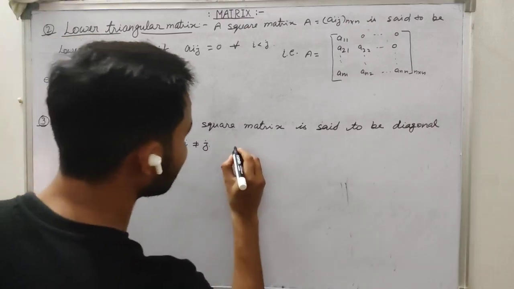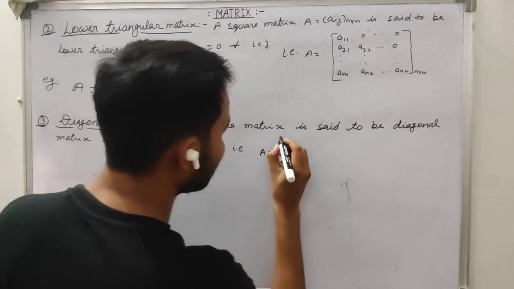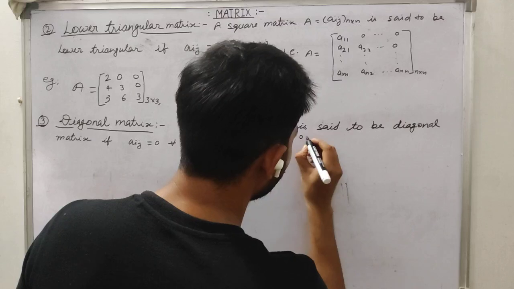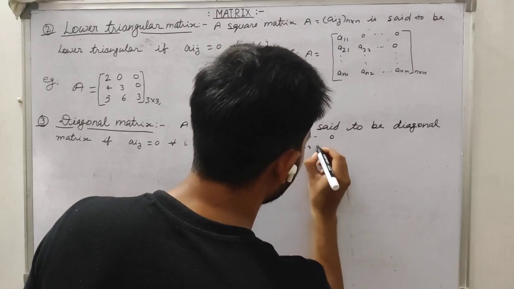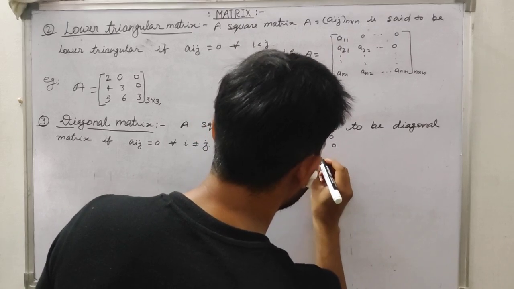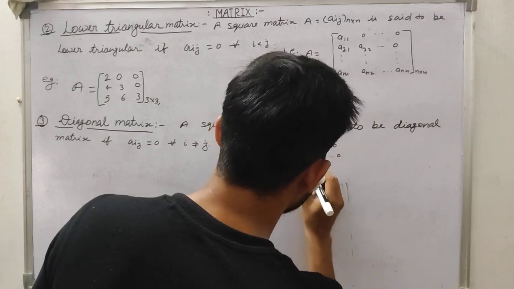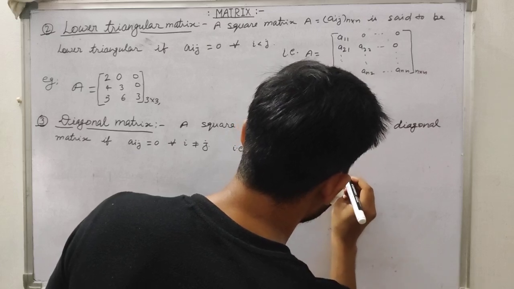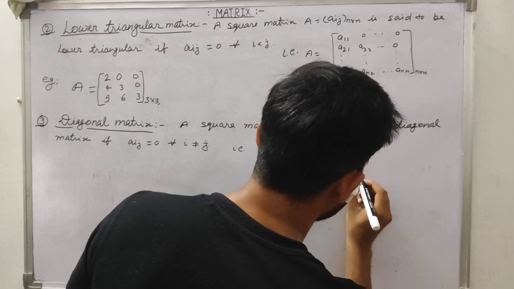That is, A is equal to A11 0 ... 0, 0 A22 ... 0, 0 0 A33 ... 0, similarly 0 0 0 ... Ann, n cross n.